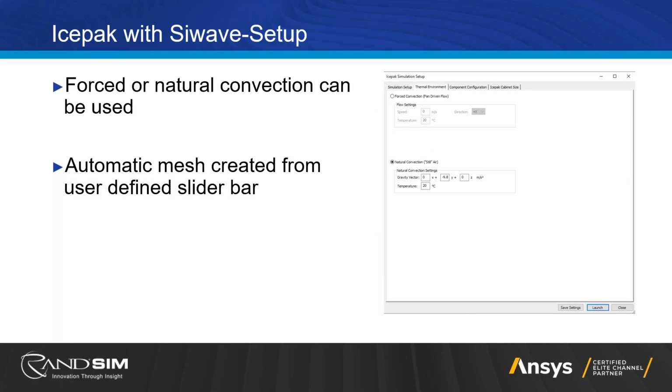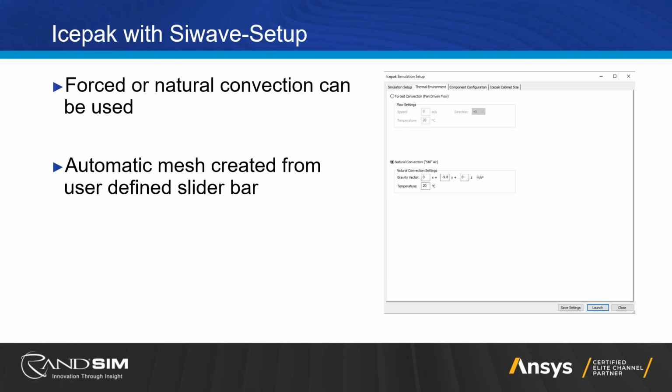So as I was saying, there are also tools for both forced and natural convection. And again, that automatic mesh that can be created from a user-defined slider bar. We can include, within those natural convection, still air studies, gravity as well as an ambient temperature.